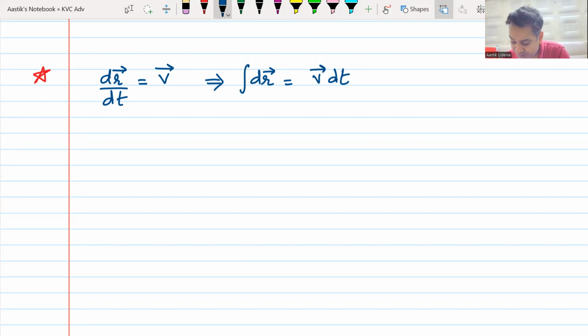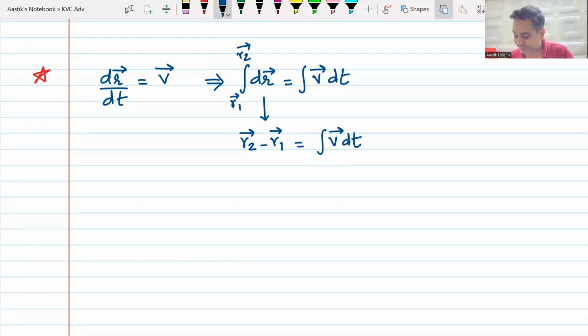If I put integration on both sides, the integration of dr will give me the displacement. From position r1 to r2, on this side I will get final position r2 minus initial position r1, equal to the integral of v dt. Do we understand this? Yes or no?